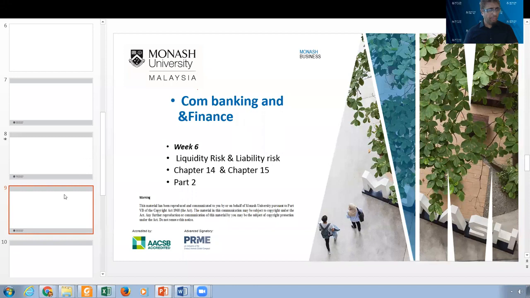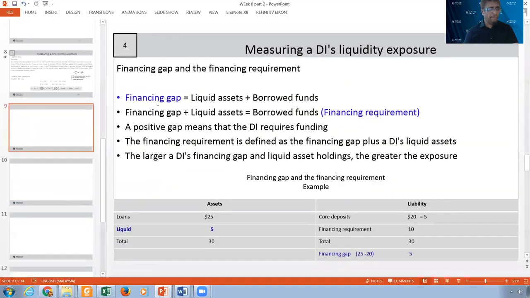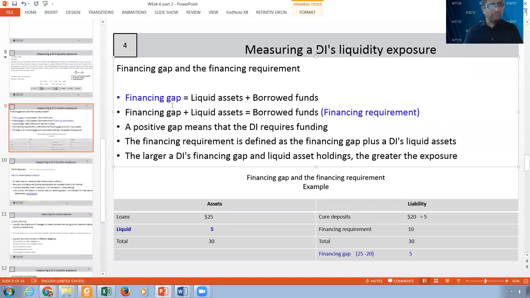The financing gap is actually the loans minus the deposits.